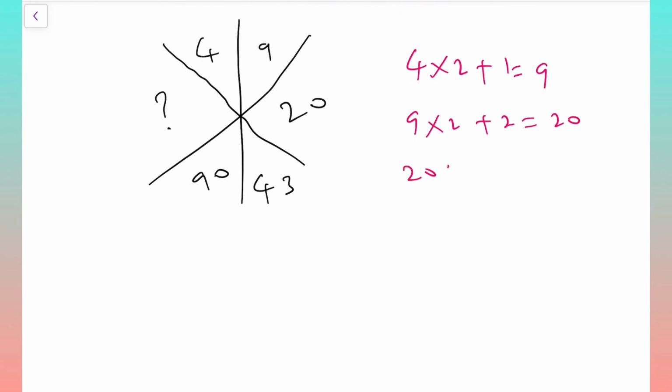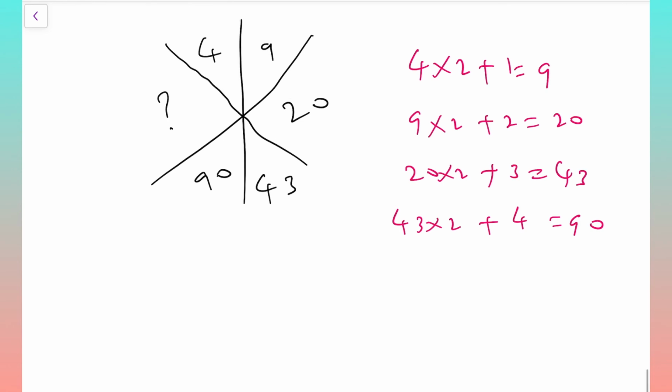Then 20 2s are 40 plus 3 is 43. Then 43 2s are 86 plus 4 is 90. So every time number into 2, but plus 1, plus 2, plus 3, plus 4. So the next should be 90 into 2 plus 5. 90 2s are 180, 180 plus 5, it is 185.